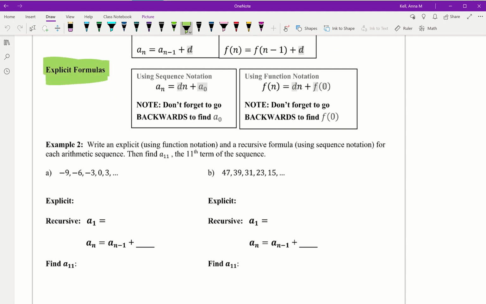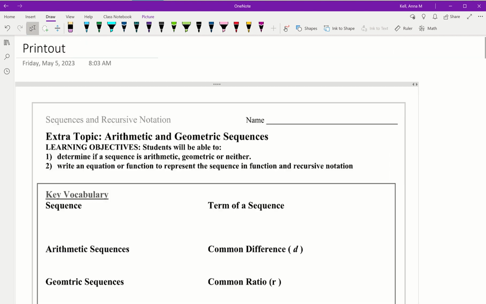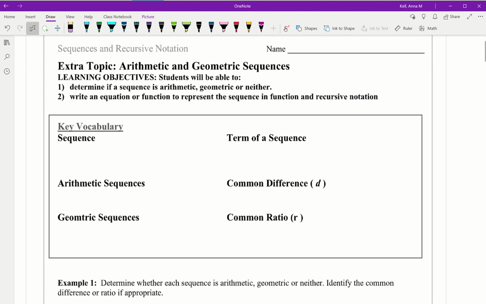Hopefully you remember that when we were doing explicit formulas, we said, hey, fun for later, we're gonna do recursive formulas later. So now is that time. So arithmetic sequences and geometric sequences. We're gonna look at if we can tell if a sequence is an arithmetic sequence, a geometric sequence, or neither, and we're gonna learn to write the equation, okay?